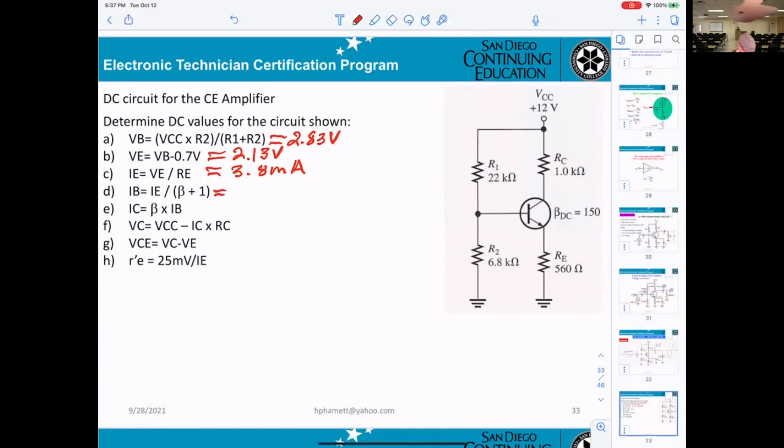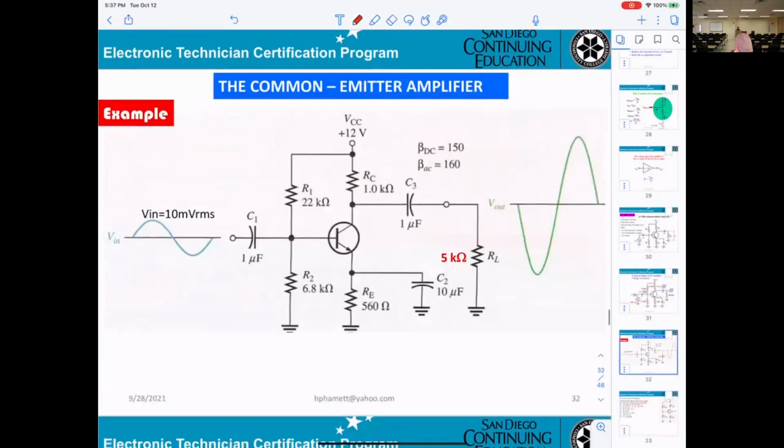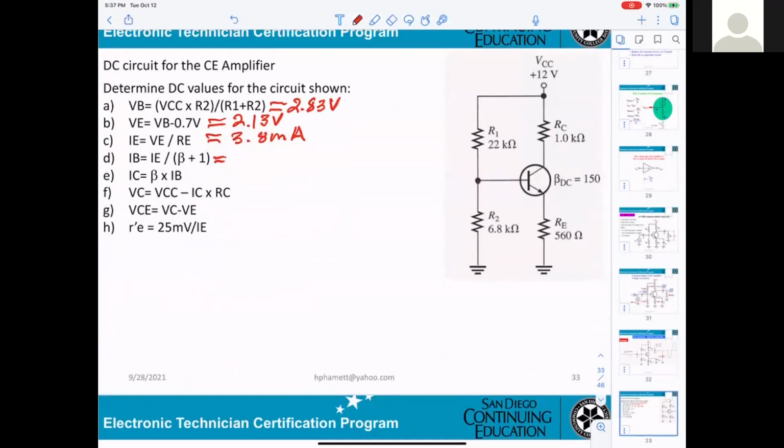IB is 3.8 divided by 151. Okay, you get 0.025 milliamp, 25 microamps, right.